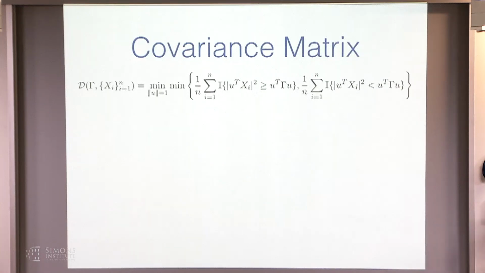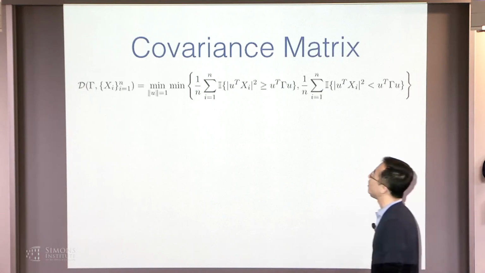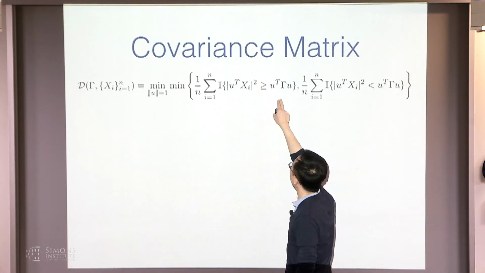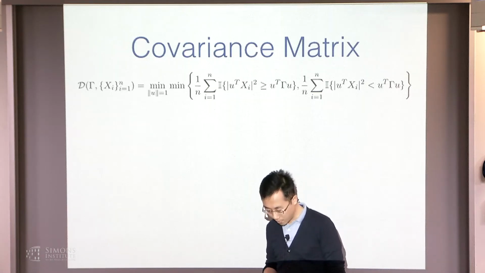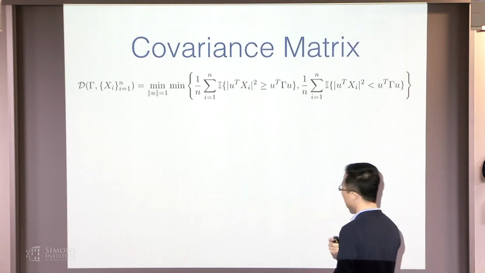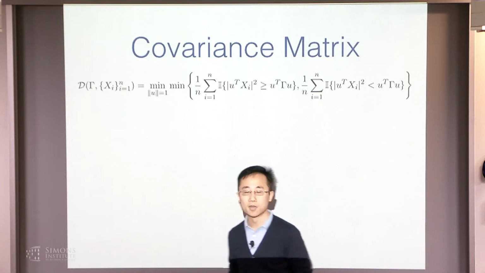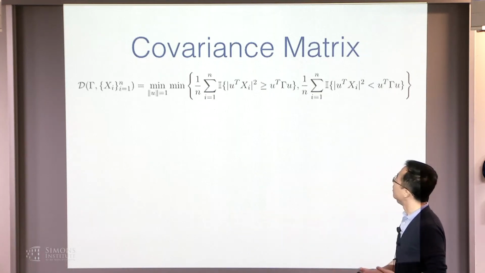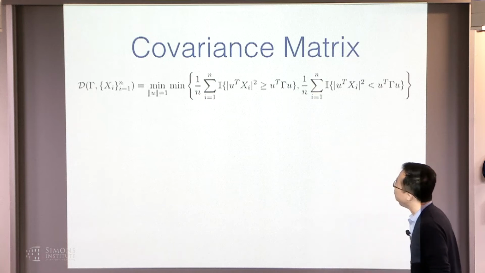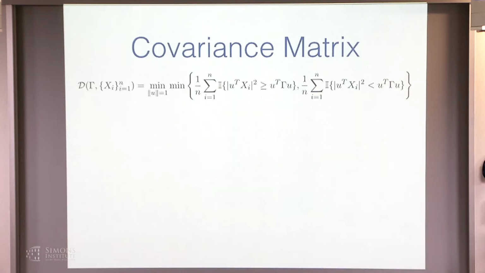If you write down the formula, it looks like this. You first project the data onto the direction of u, and then take the square, and compare it to u transpose gamma u, because on that particular direction, the variance of the data is just u transpose sigma u. Then this is just the formula of the median absolute deviation squared on that particular direction, and you take the minimum, and you get what is called the covariance matrix depth.